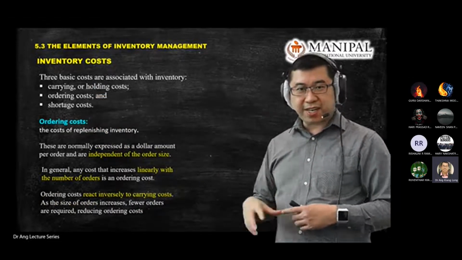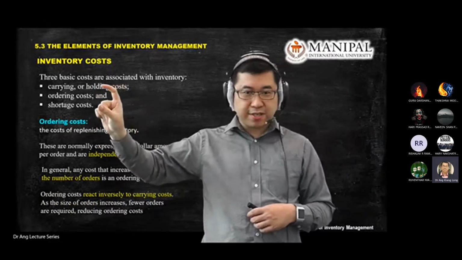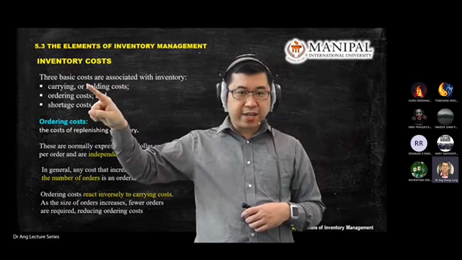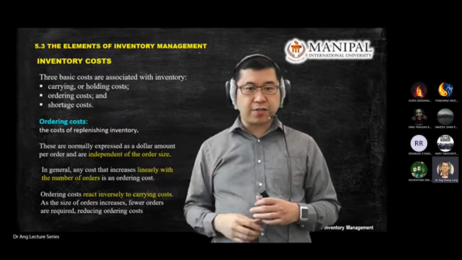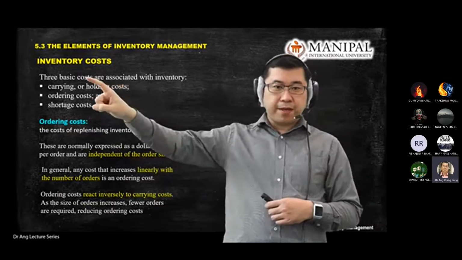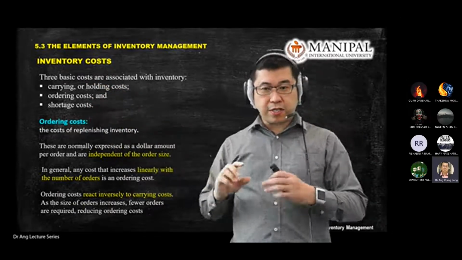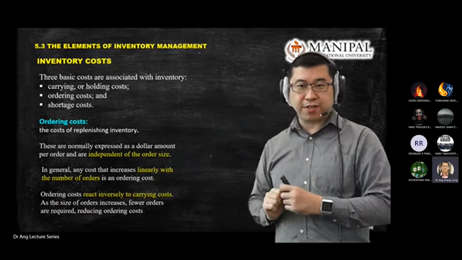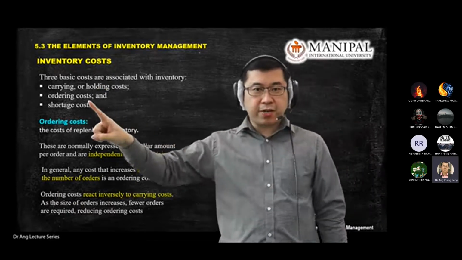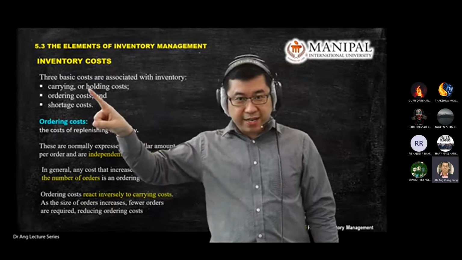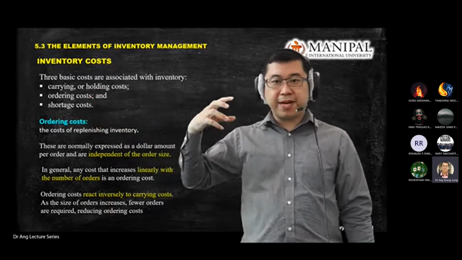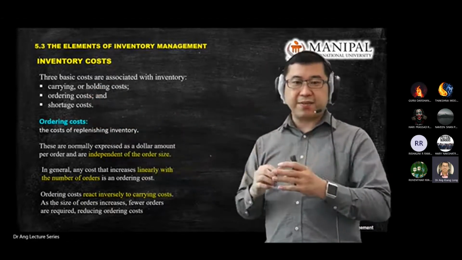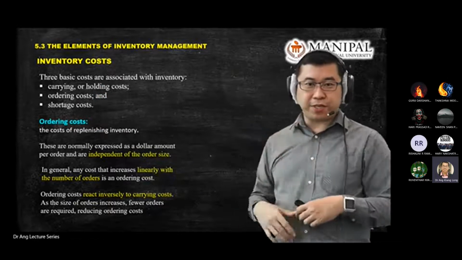Try to think, there's a relationship between three costs here: carrying cost, ordering cost, and stock-out cost. Carrying cost and holding cost is to fill your storehouse or your space there. Carrying cost is how many items you buy for your operation.